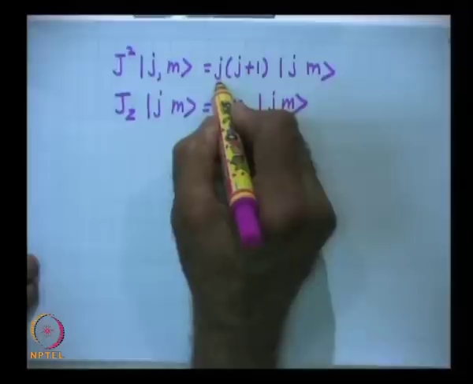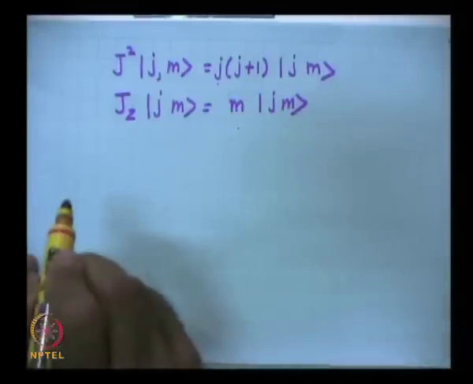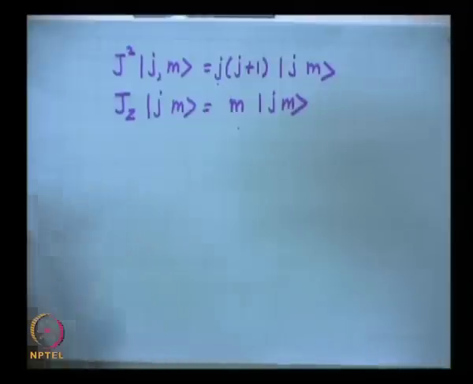The question is, what are the values of J and M? How are they related to J1 and J2? What I am trying to say is that J1 square and J2 square I know. So, what are the eigenvalues of J square and Jz? This is an extremely important problem.